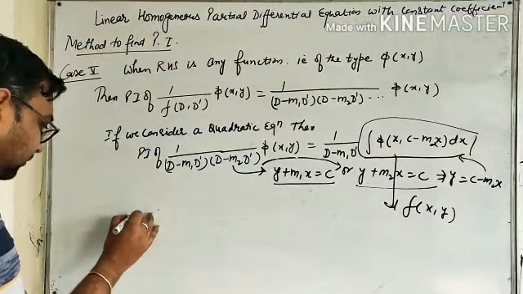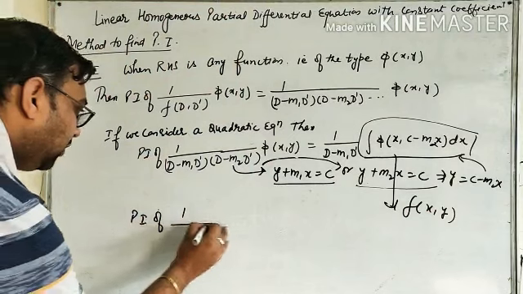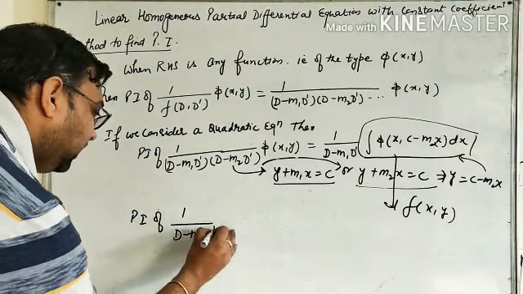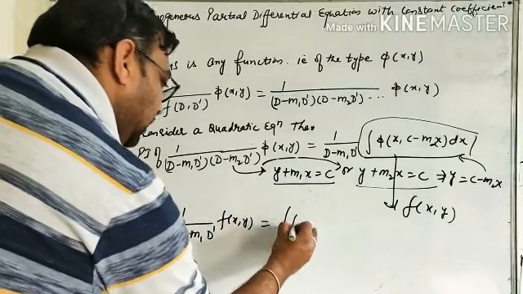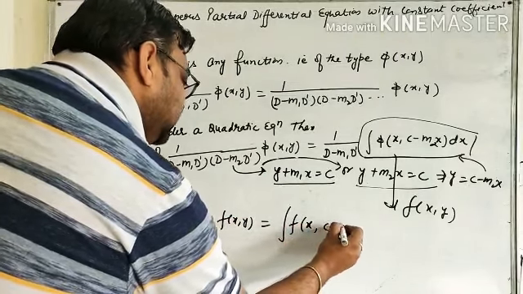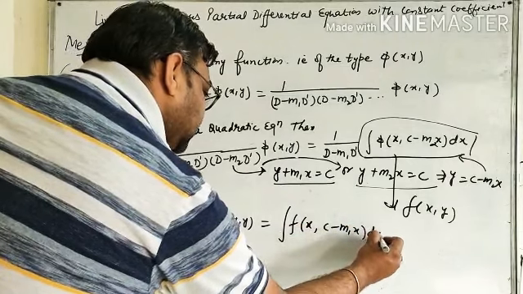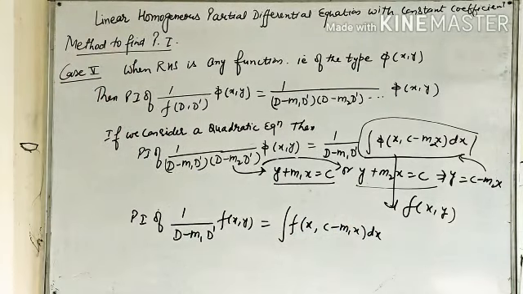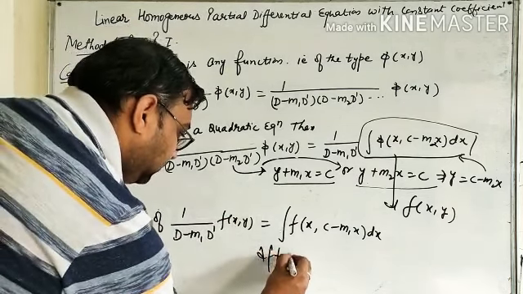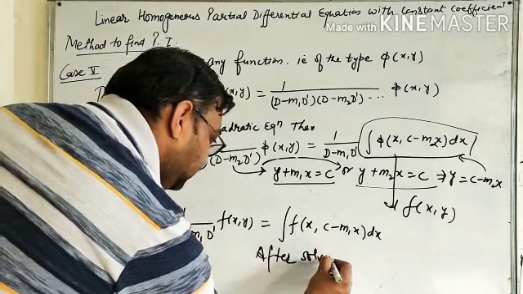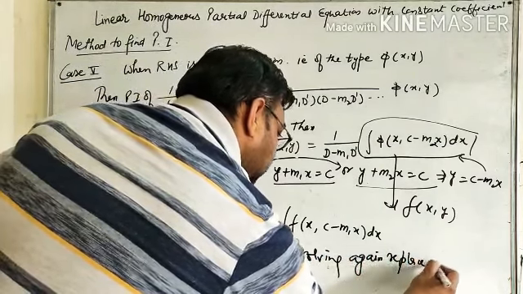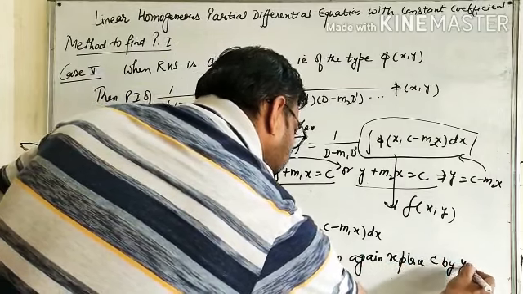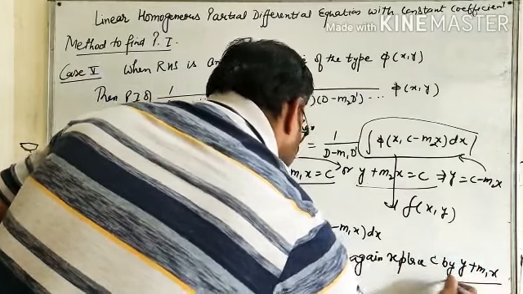So for PI of 1 upon (D minus m1 D') f(x,y), it converts into the integral of f(x, c minus m1x) dx. Now solve this integral, and after solving, again replace c by y plus m1x.